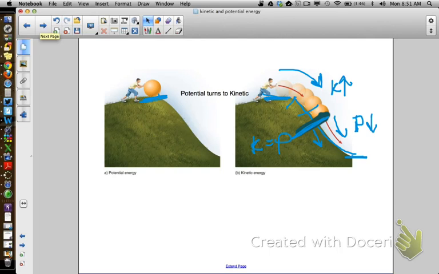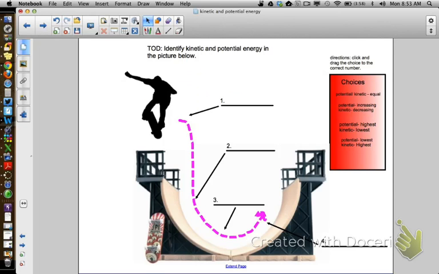So if I were to look at something and try to figure out where is kinetic equal, where is potential going up, where is potential going down, like this problem here with the skateboard, I'm going to figure out where kinetic and potential fit. At the very top, where we see him going back down, our potential is at its highest, because he's not going to go any higher, and he's starting to fall down.